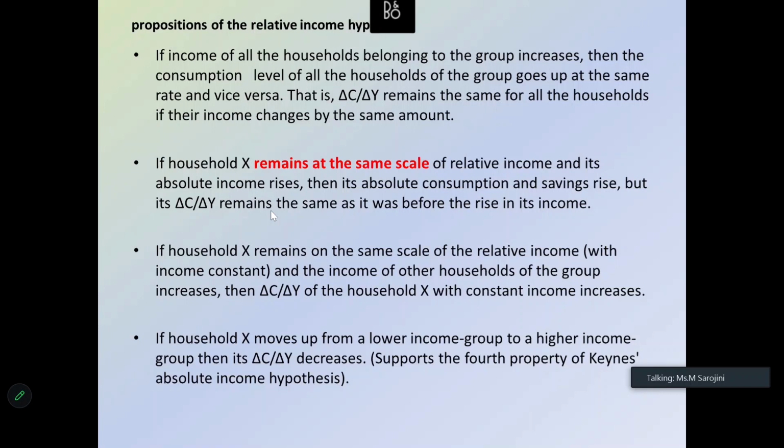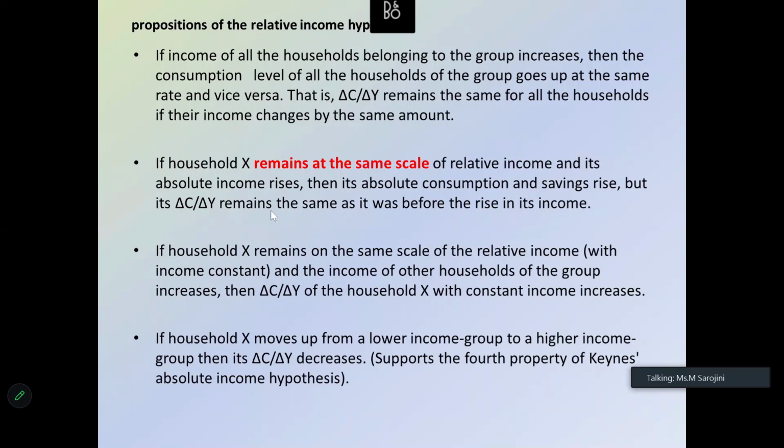However, the MPC is also the same compared with the earlier one, right? And the third one is the individual one, or X individual. It is that if X remains on the same scale of relative income with income constant, that means there are no changes in the income.